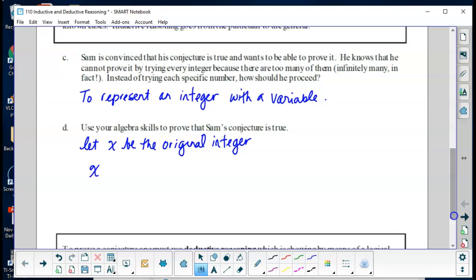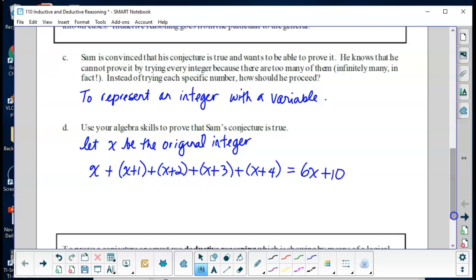So we start with x, then we add x plus 1 plus x plus 2 plus x plus 3 plus x plus 4. That's how you show any set of consecutive integers. You keep adding 1. So what do you get when you do that? That would equal 6 x's plus 3 plus 3 is 6 plus 4 is 10. Oh, sorry, not 6 x's, 5 x's.